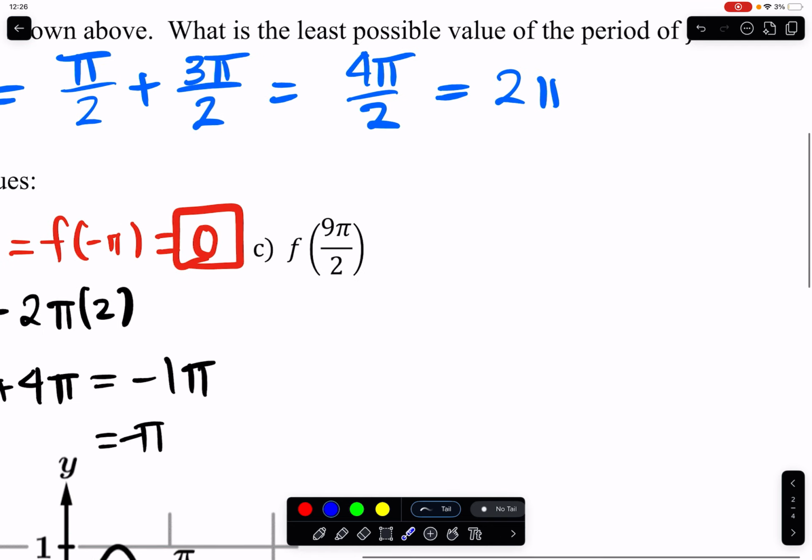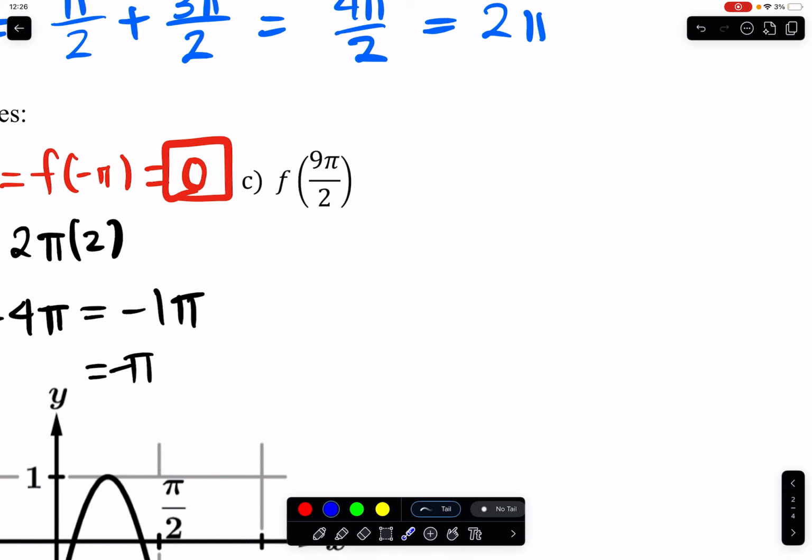By subtracting 2 pi from this 9 pi over 2, let me zoom in here. So we have 9 pi over 2, and I want to take away 2 pi. Let's do it 2 times. Let's see if that works.